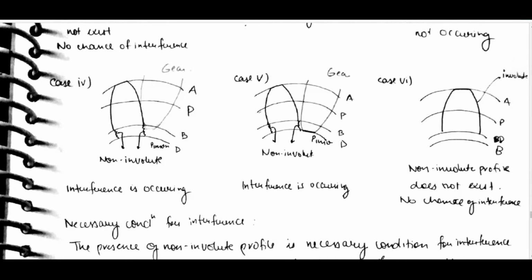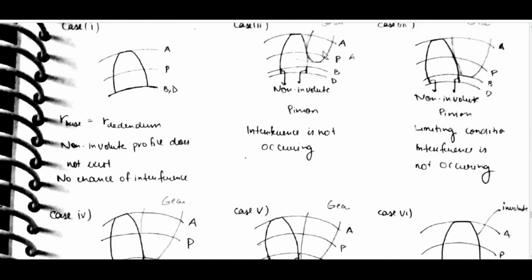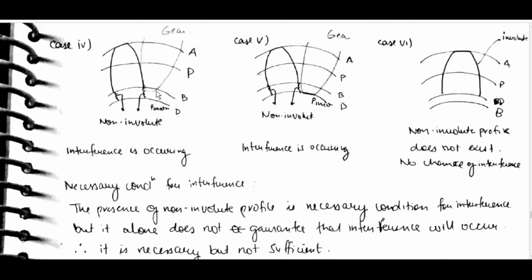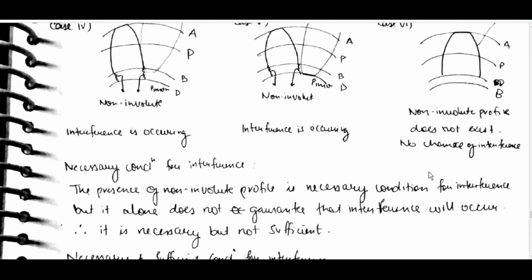If the gear goes till here, till this base only, and if it is above it, interference won't occur. If it goes below this, into the non-involute portion, interference is occurring. Here also interference is occurring. Non-involute profile does not exist, base is down, no chances of interference.